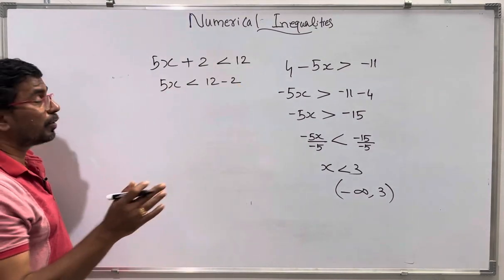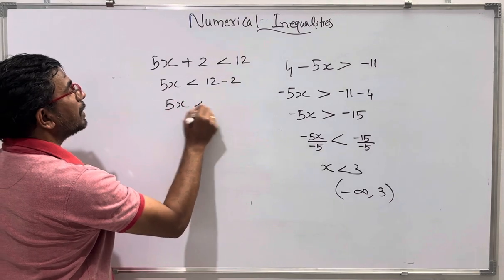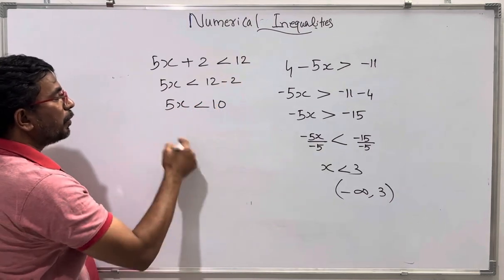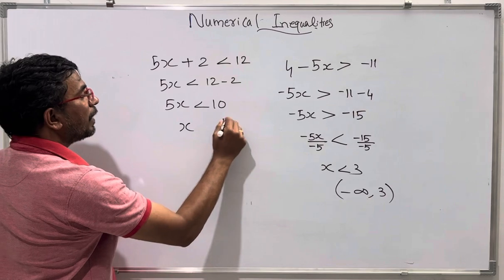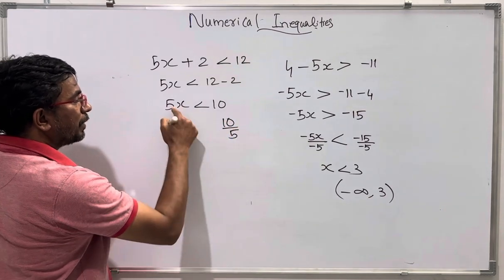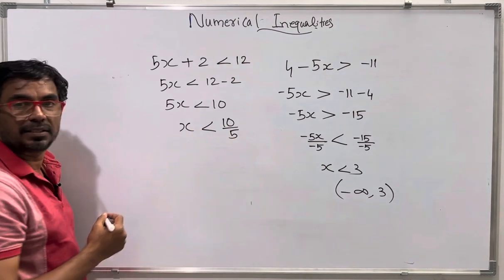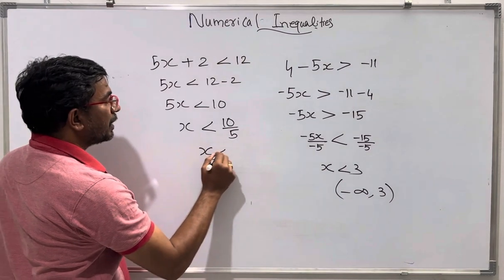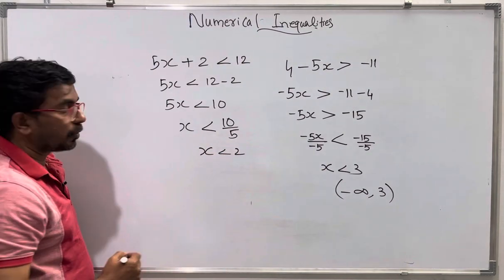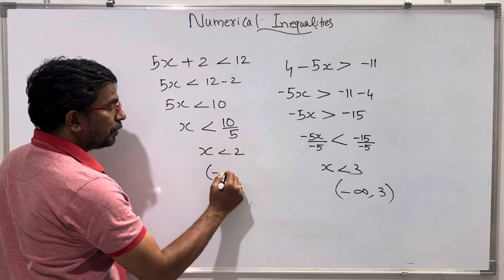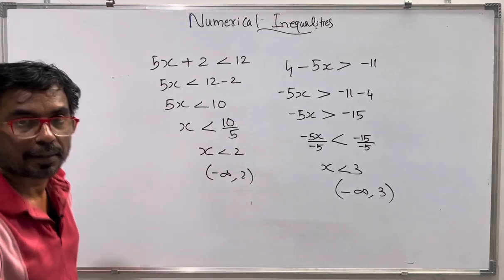You don't have to worry about anything. So it will become 5x less than 10. Now you divide by 5, a positive number, so this doesn't change. The answer will be x less than 2. So how do you write the answer? Minus infinity to 2.